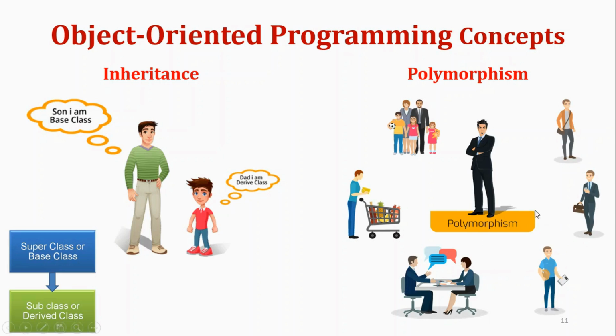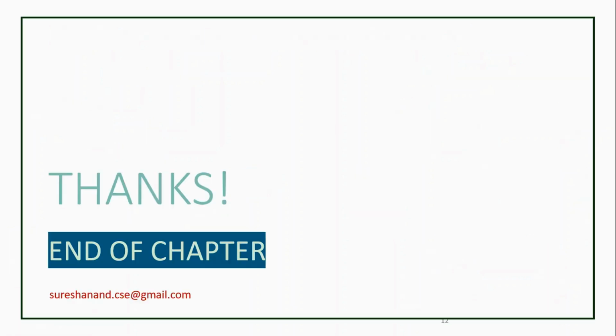So one person acts differently depending upon the scenarios and the environment. That is what is called polymorphism, taking many forms. So these are all the OOPS concepts and examples. That is what this chapter covers. Thank you all.